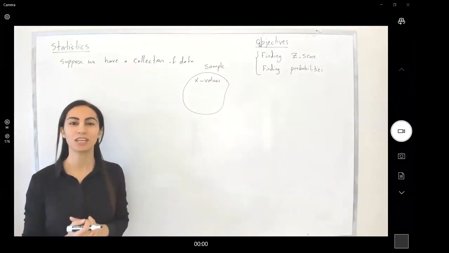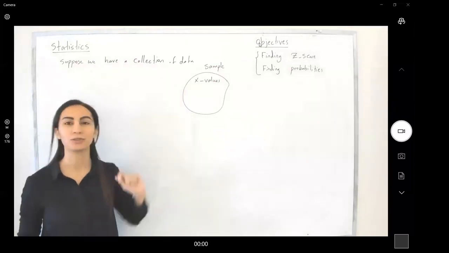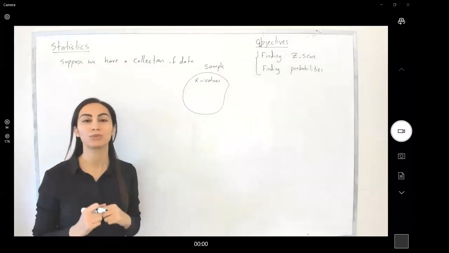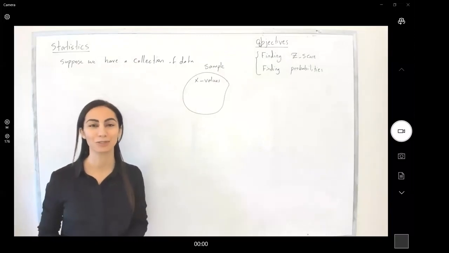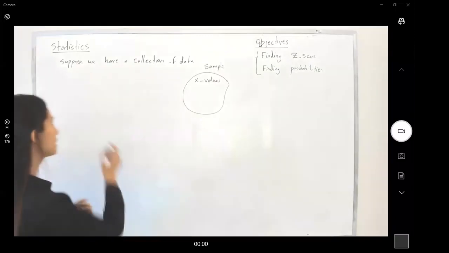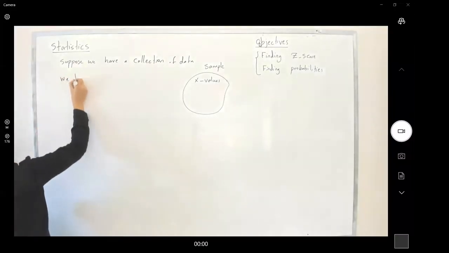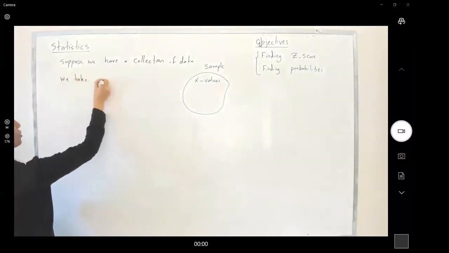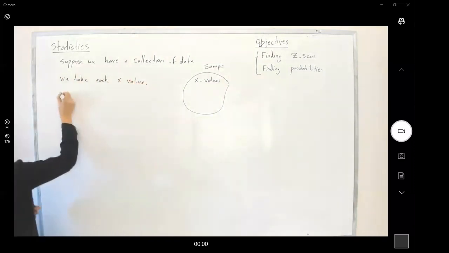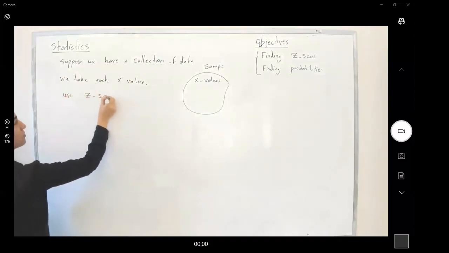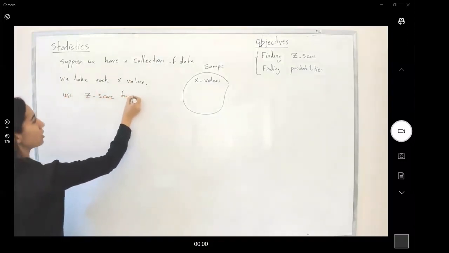So a statistician uses x values, converts them into z-scores, then uses z-scores to find the probabilities. So we take each x value and use the z-score formula.